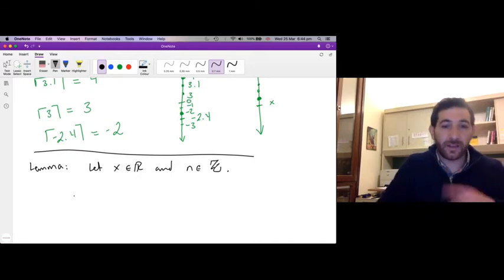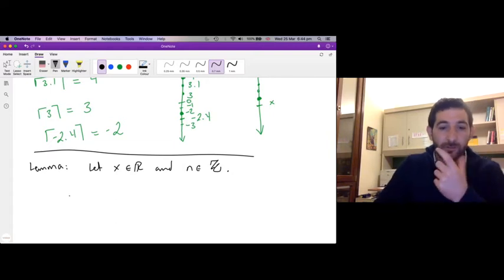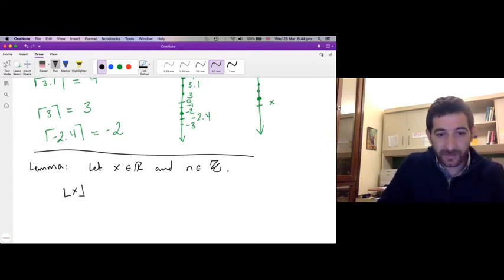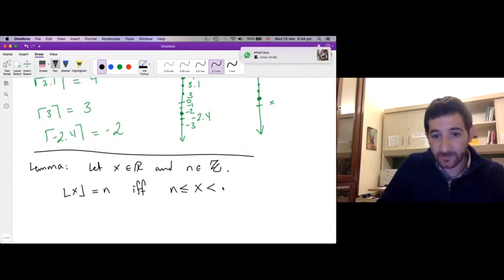We want to prove an if and only if statement, so a biconditional statement which says that the floor of x is this integer n, if and only if x is sandwiched between n and its successor. That is, x is bigger than or equal to n and strictly less than n plus 1. We want to prove this.